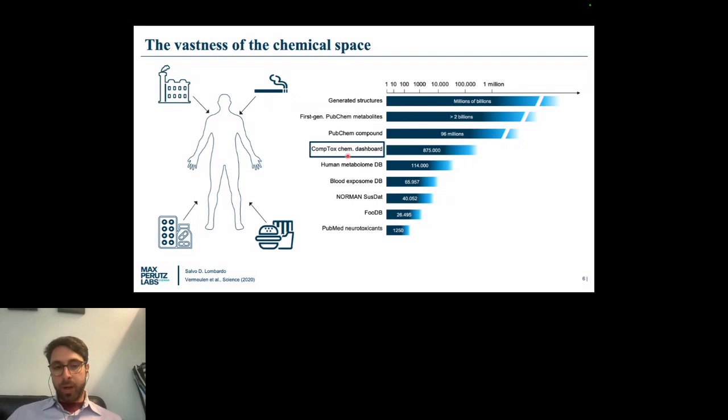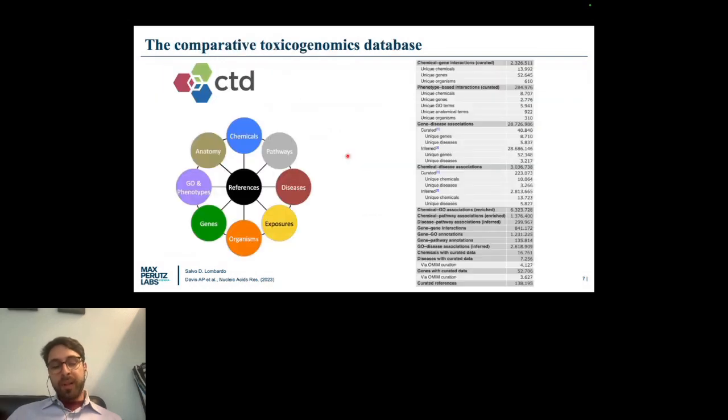Just to give you a brief idea of how this database is structured, it contains millions of chemical-gene interactions. In the first round, they are extrapolated by text mining, and afterwards they are curated by experts in the field so that they provide a certain level of confidence for these chemical-gene interactions.